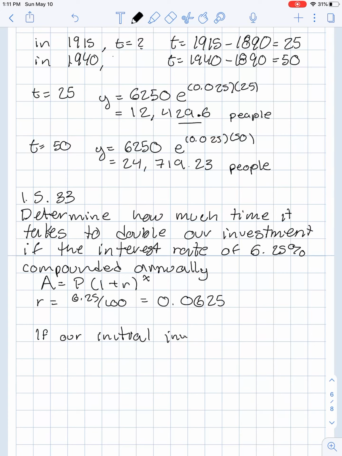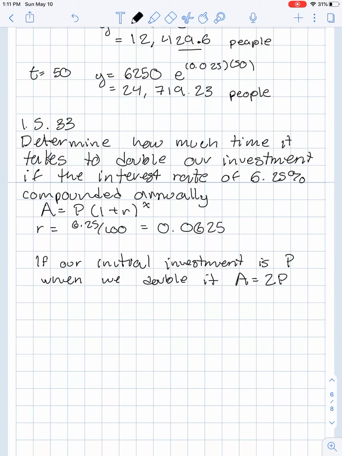So if our initial is P, when we double it, we'll have 2P in our account.